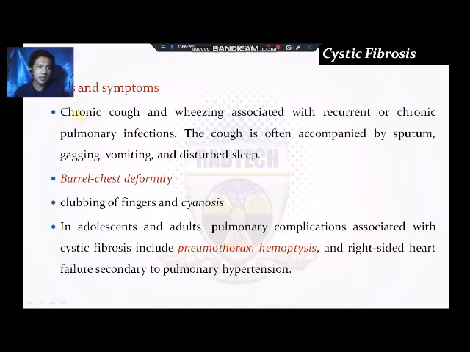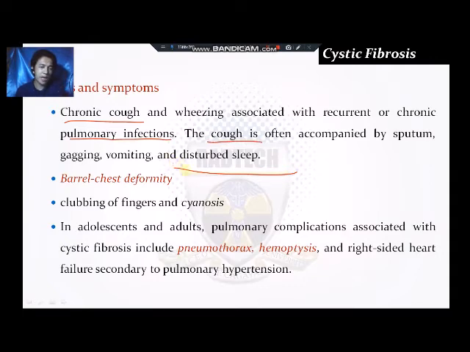Signs and symptoms can include chronic cough and wheezing associated with recurrent or chronic pulmonary infections. Sige ka-infect si patient, daghan kay pulmonary infection, all because of those mucus formations within the bronchial system. The cough is often accompanied by sputum, gagging, and vomiting, and because of this ma-disturb pud ang sleep sa atong patient.